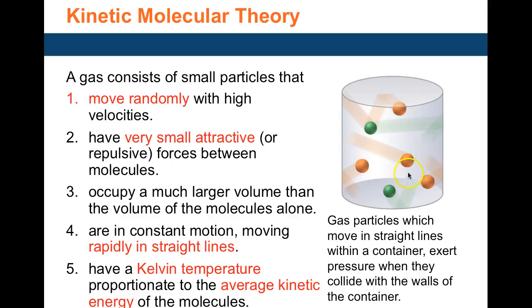It could be up, it could be down, diagonal, vertical, perpendicular, but always in straight lines. And when they are moving, they collide with the walls of the container in which they're contained and with each other. However, those collisions are completely elastic, which means that no energy is lost on impact, right?